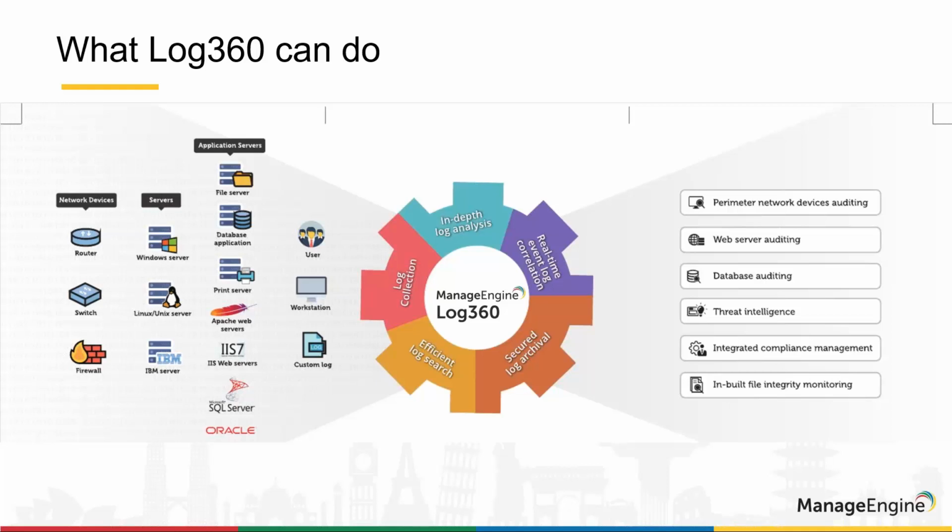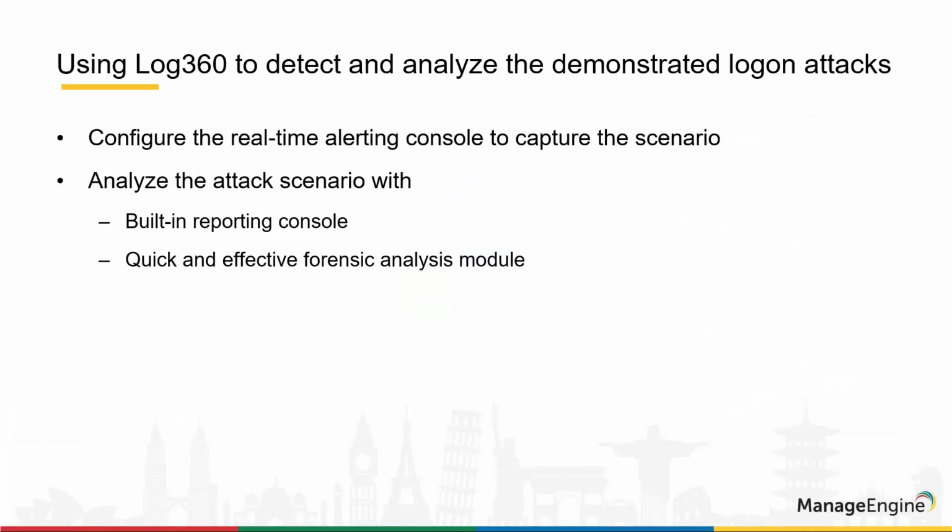Now, all the event IDs which we saw today, be it 4625 or 4624, every single event will be registered on all the machines across, right? So it's really important for you to capture each and every log that is coming out and store it in one single location. So what we're going to do today is to see how Log360 can help you in this. I'm going to quickly show you how the product looks in real life so you'll have an understanding.